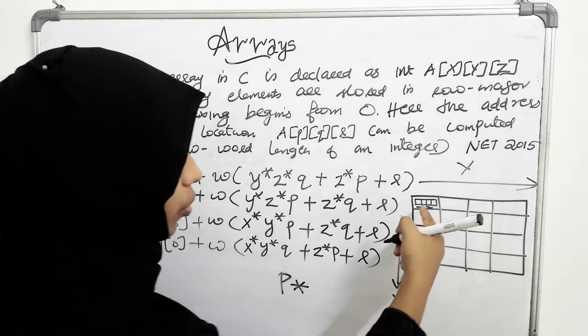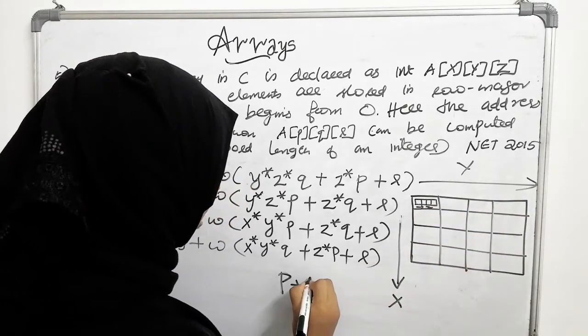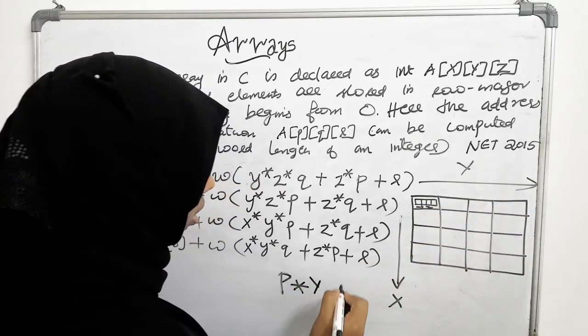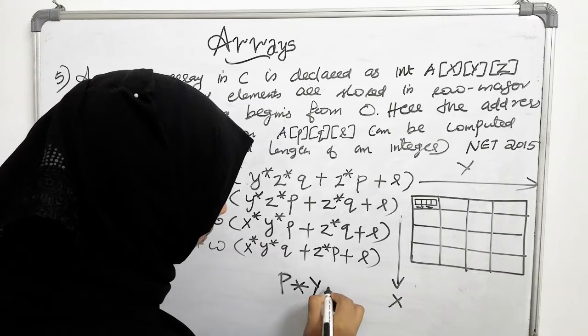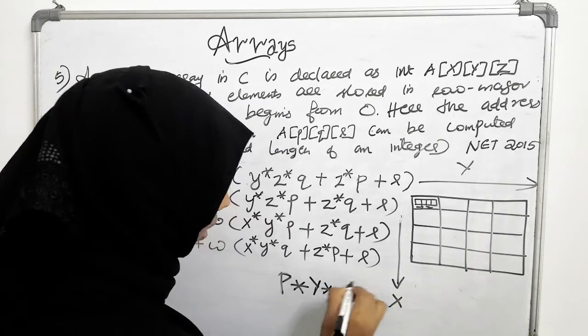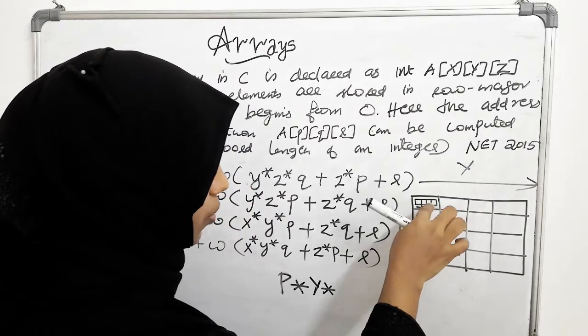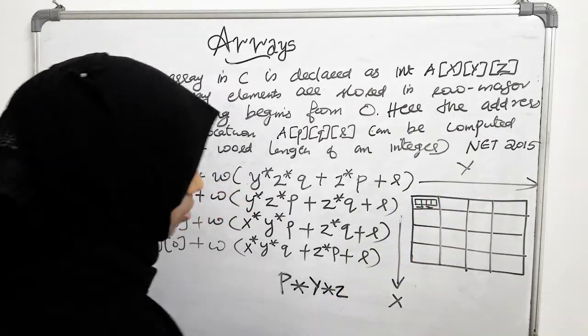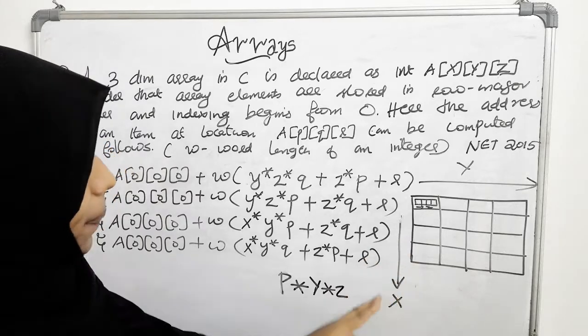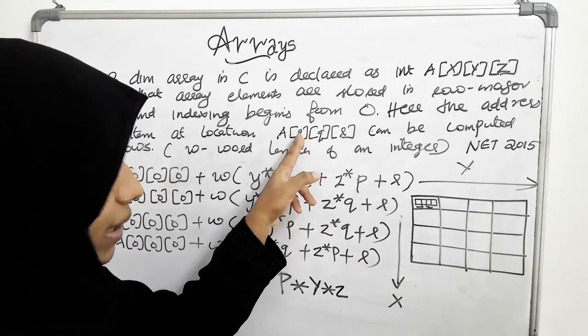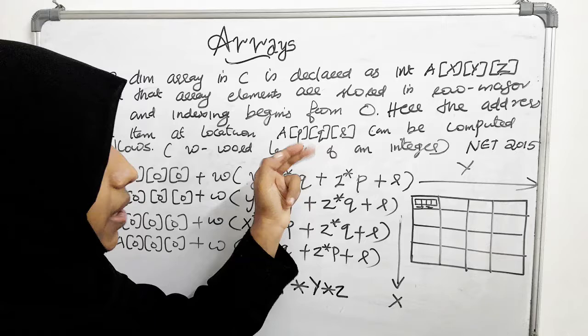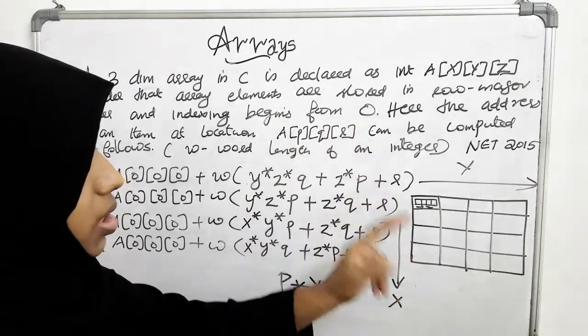Each of the y columns contains elements of arrays of size z. So that is to get the pth row. Row at the index p means the p plus 1th row, because the indexing starts from 0.